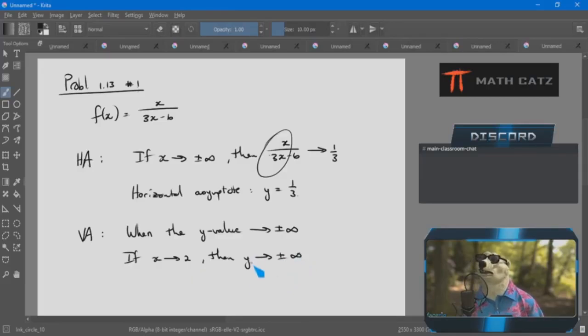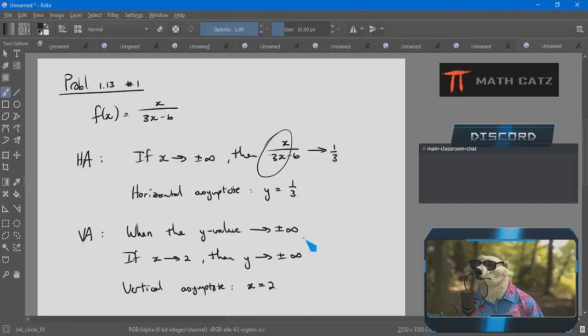I'm not going to care which one, because sometimes it depends on which direction I'm coming from. It's blowing up in size either way. When that happens, we have a vertical asymptote, and it's the vertical line that sits at that x value.